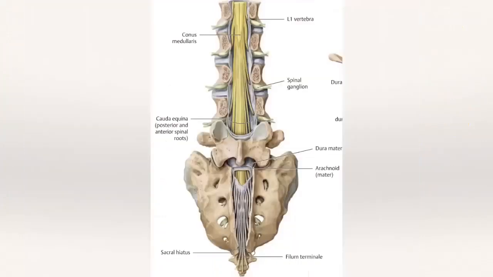You see, this is the cauda equina, like a tail, with arachnoid mater and dura mater. This one is called the filum terminale, that is the last terminus. Again, cauda equina and filum terminale.